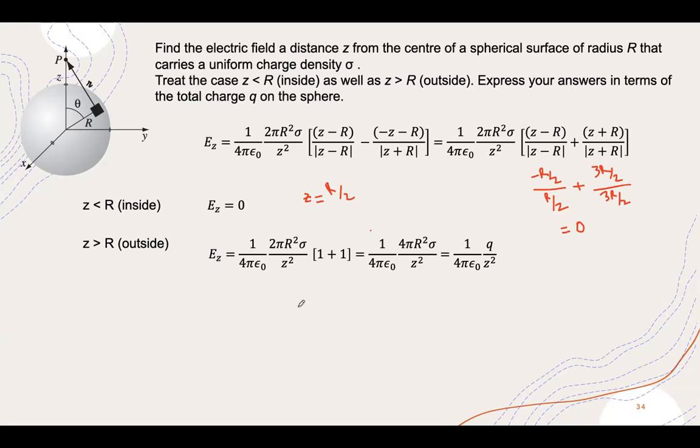Even one can ask to find the electric field at distance 2R or 3R. Then you just use this expression, and whether it is 3R or 4R or whatever, this is going to give you a factor of 2. So you can always express this in terms of the simple understanding that this is nothing but the total charge, because this is just a charged ball.